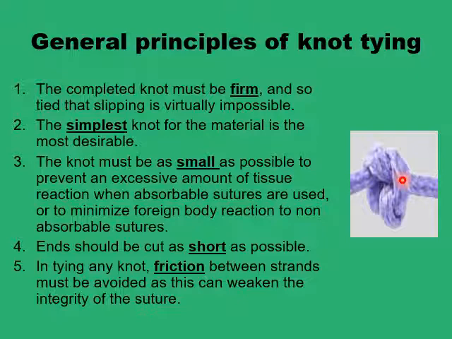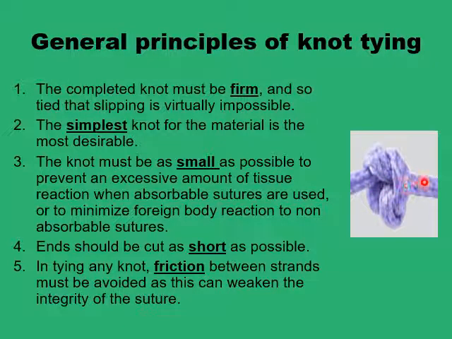Choose the least number of wrappings in a single half reef and the minimum number of half reefs to produce a secure knot, the simplest and the smallest knot possible to give a firm knotting of the suture line without adding too much bulk to the knot itself.